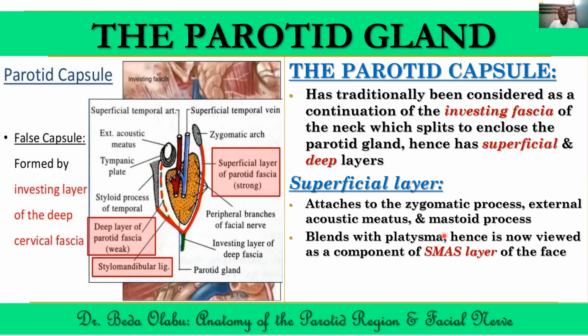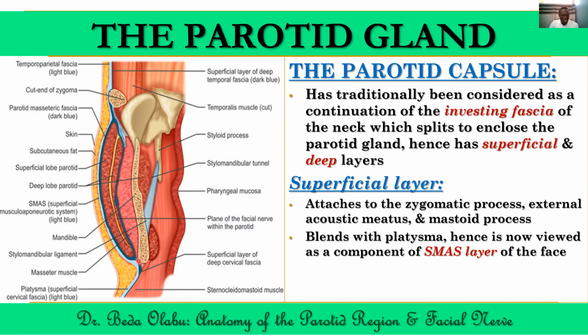It is now viewed that the superficial layer of the parotid fascia is actually part of the superficial musculo-aponeurotic system of the face. You remember in the previous lecture, we described that layer, the superficial musculo-aponeurotic layer of the face. So we consider that this superficial layer is an extension of that one because they blend together.